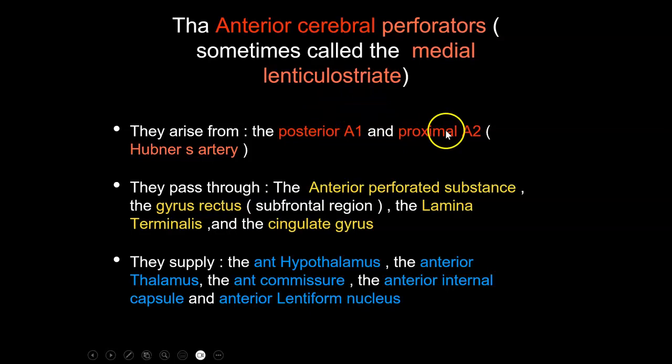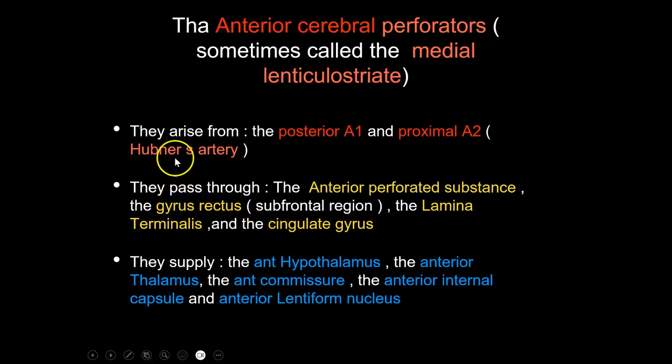Hubner's artery usually arises from proximal A2, but it can arise from the A1, and also the A1 gives posterior perforators, and they pass through the anterior perforated substance, the gyrus rectus, lamina terminalis, and the cingulate gyrus.